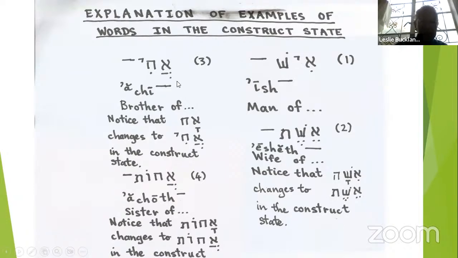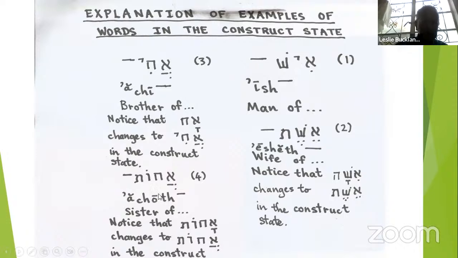Number three, Aki, brother of. Notice that Ak changes to Aki. The kames changes to a katef patak, and you have a yod and a dot under the chet. This is a long hirik. This is the form that Ak is in when it's in the construct state.